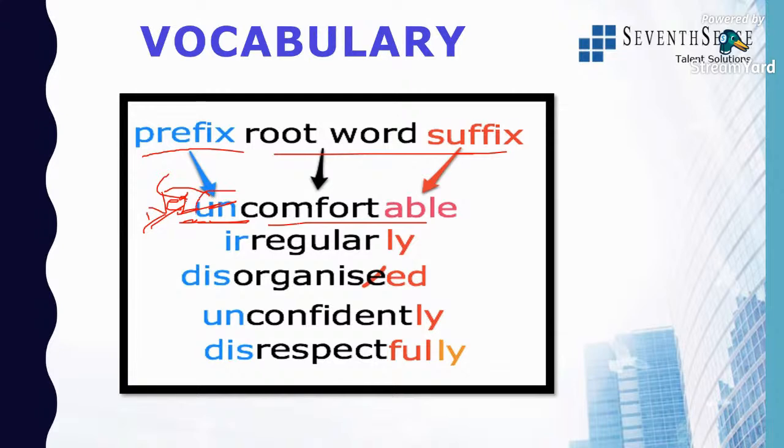Comfort is the root word, which has a basic meaning that won't change. Then the suffix able is added: comfortable. Able shows ability, the ability to be comfortable.